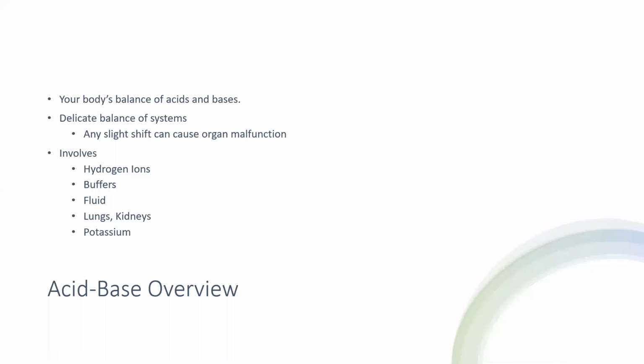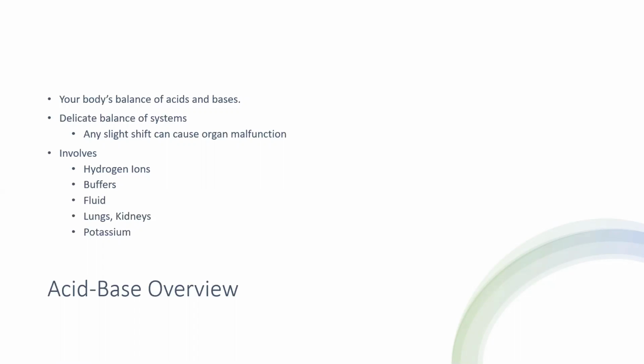So what is acid-base balance? Acid-base is a very delicate balance of systems. Any slight change in these shifts of acids and bases can cause organ malfunction. And so it is a very narrow window. It's a very small area to work with.